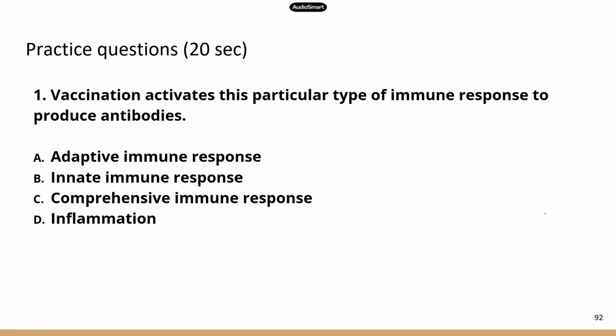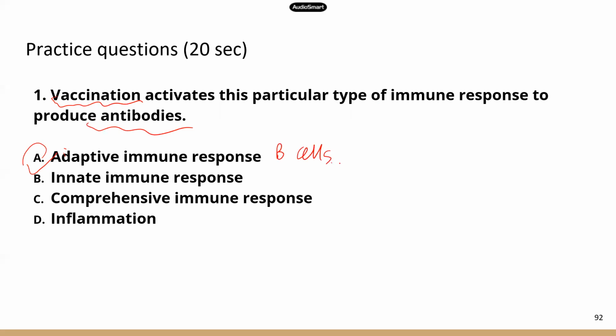Okay? So there are some keywords here. This involves vaccination, and this immune response produces antibodies. So this should be an easy question, and that will be adaptive immune response. And specifically, it's a humoral immune response, right? Because this involves B cells.